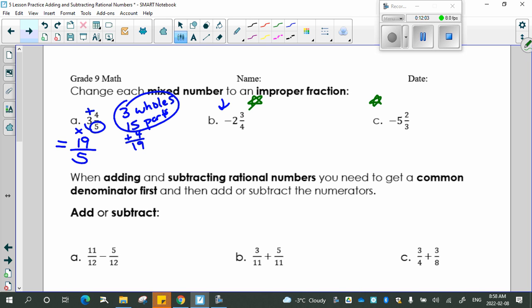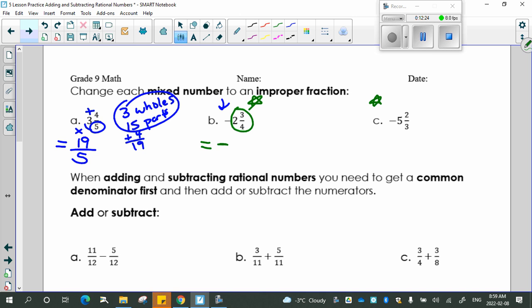All right, so thinking of that now, if I do questions like this, I just ignore the negative for now, and I put it down there. I just know my number is going to be negative, but I'm thinking if I want to change 2 3/4 to an improper fraction, I know the answer is negative, so I'm not taking the negative into account right now.